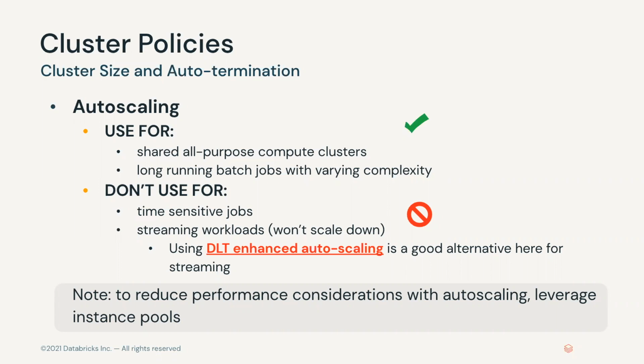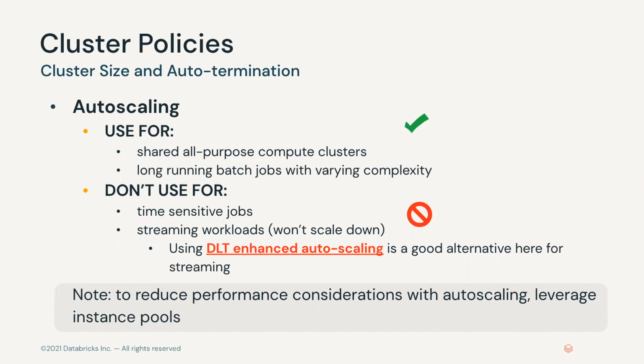And then there's also streaming workloads, where oftentimes traditional auto scaling doesn't work well, because it might auto scale up, but then it doesn't necessarily auto scale down, because it has a hard time detecting when resources are not being utilized with streaming workloads. However, the great part of this is that if you use Delta Live Tables, and if you don't yet, you should, especially for streaming workloads, because we built Delta Live Tables with streaming workloads in mind, and we have what we call enhanced auto scaling, which I think recently went GA, literally this week or last week.